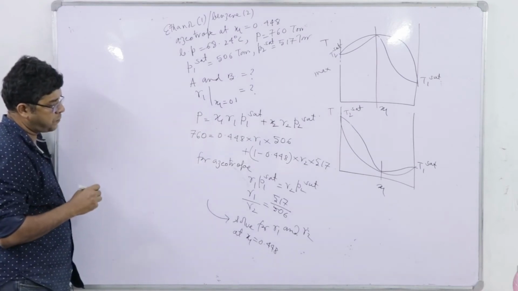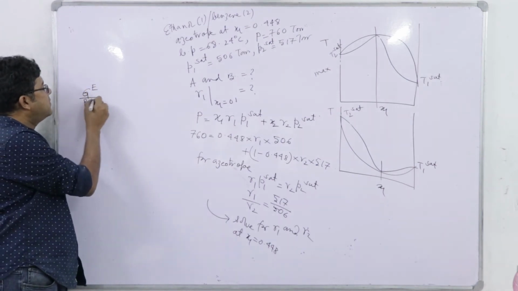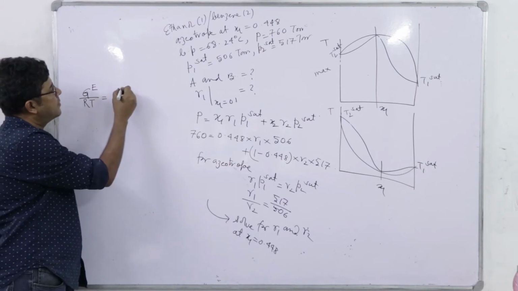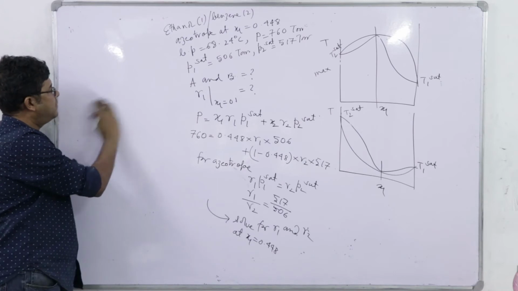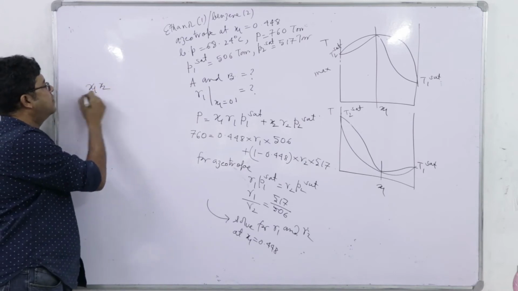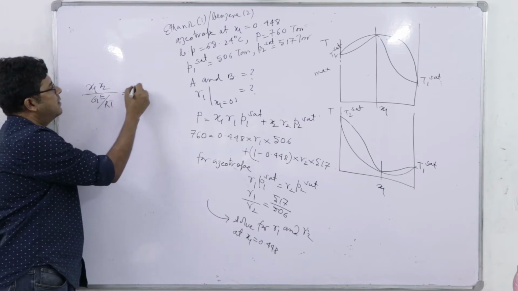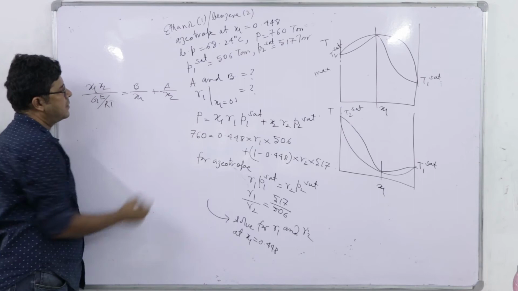Now GE by RT is equal to, or what is Van Laar? x1 x2 divided by GE by RT is equal to B by x1 plus A by x2, right.